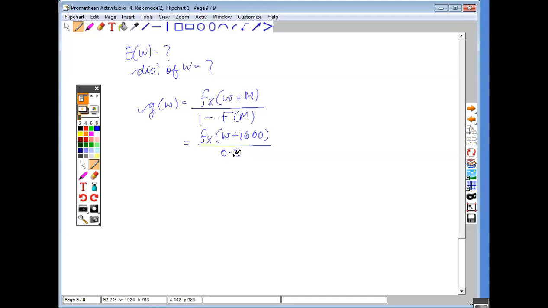Okay, so what will be my value of f of x at w plus 1600? Anyone? Remember, we are looking at f of x, and what is my x?